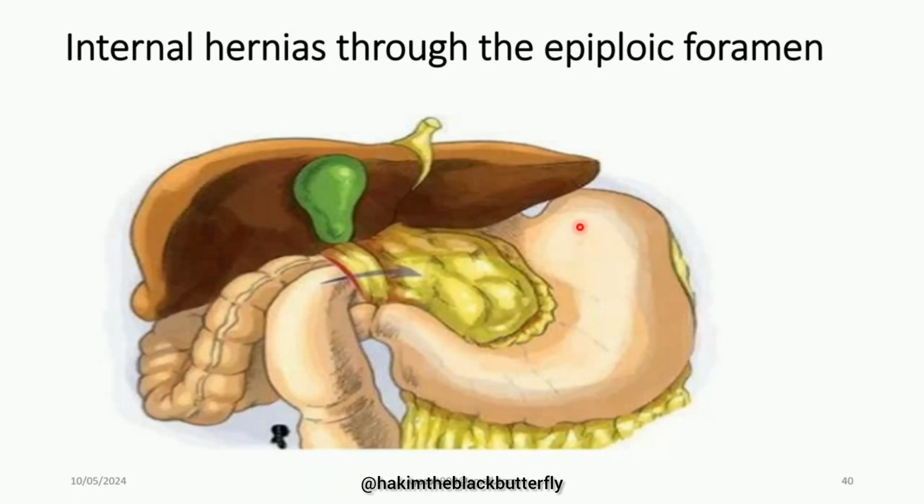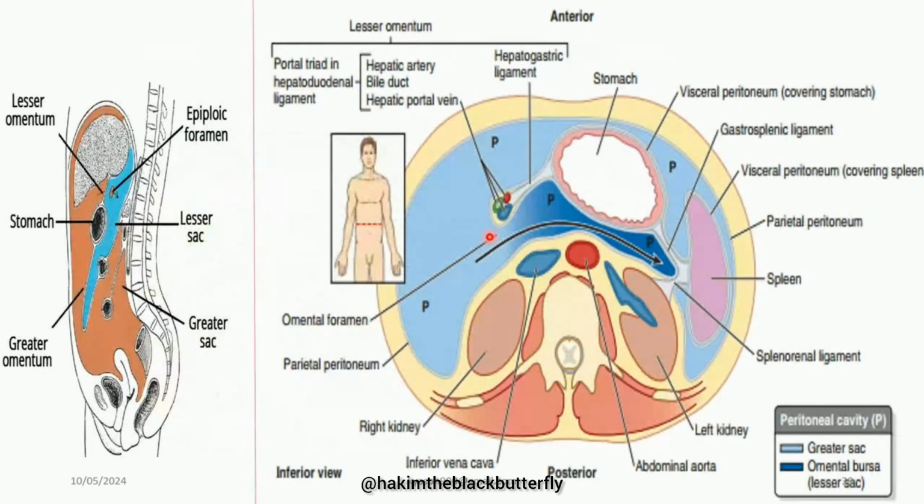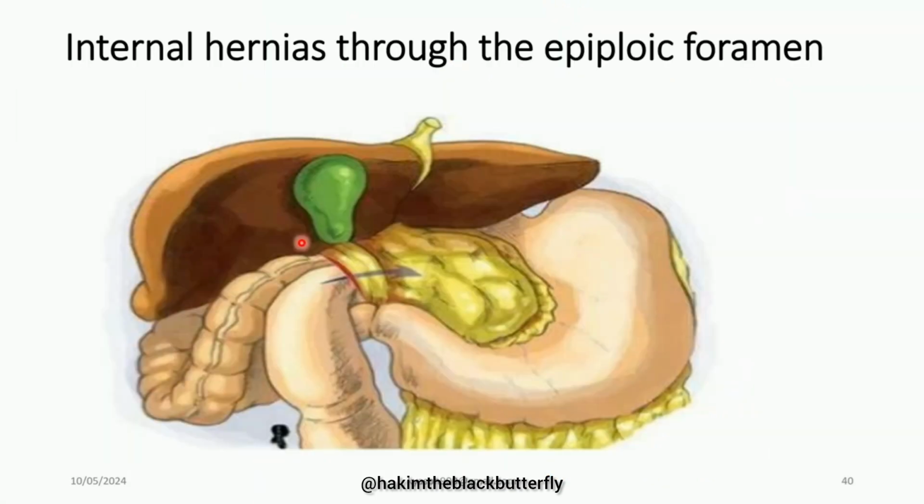Within your epiploic foramen, yes, we've said that it's a gap through which your greater sac communicates with the lesser sac, but through that opening, in some patients with loose peritoneal folds, let's say if there is a loose transverse mesocolon, a loose mesentery, it may increase chances of these coils to abnormally herniate through the epiploic foramen.